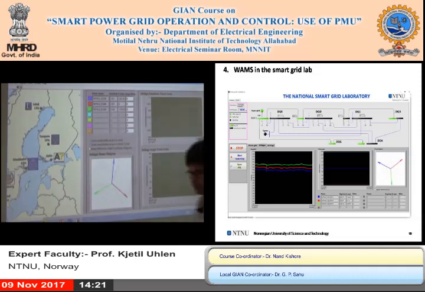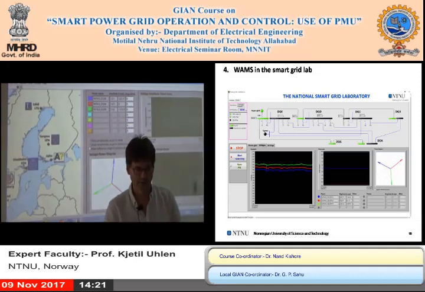Maybe I can show them in real volts, because then we can set the range, 400, no, 250, and 210 maybe.